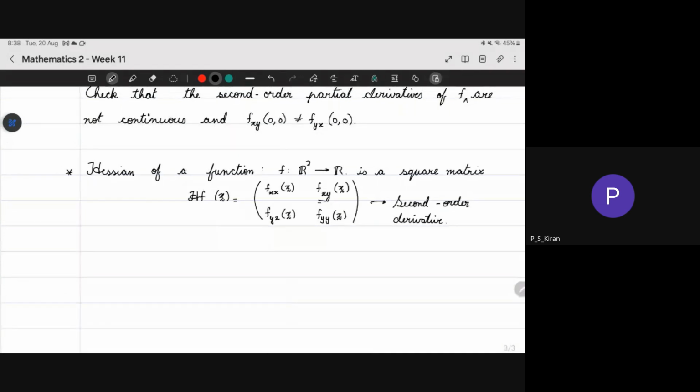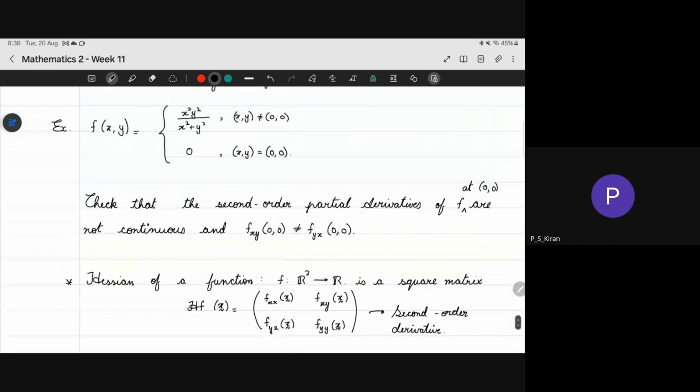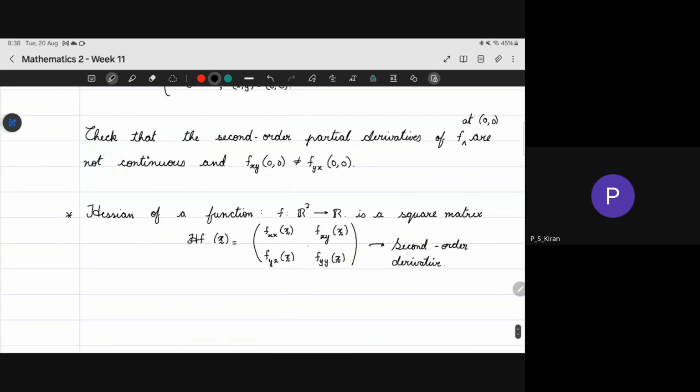Most of the time, we don't worry about whether it is xy or yx because the functions that we work with typically satisfy the hypothesis of Clairaut's theorem, wherein it doesn't matter if I write it as xy or yx, because this becomes a symmetric matrix, in the sense that there is reflection symmetry across the diagonal.